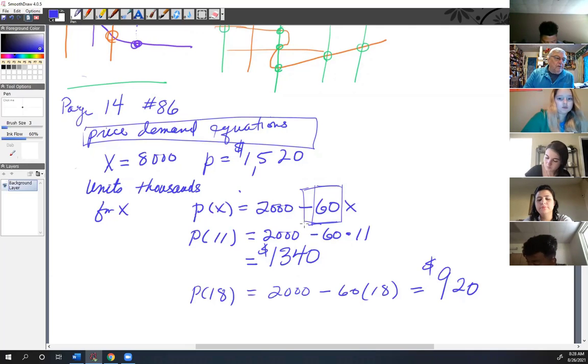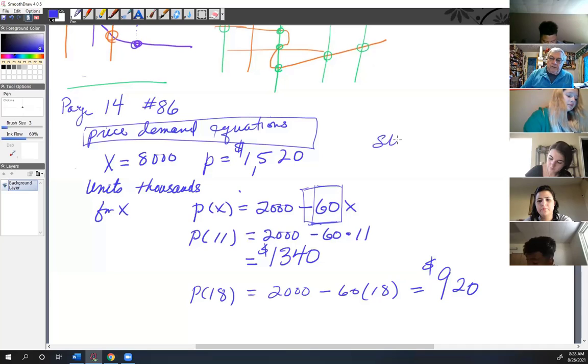slope, didn't you? Yeah, in a linear equation you can recognize it because the variable x is to the first power only. In a linear equation, the coefficient of x is called the slope.